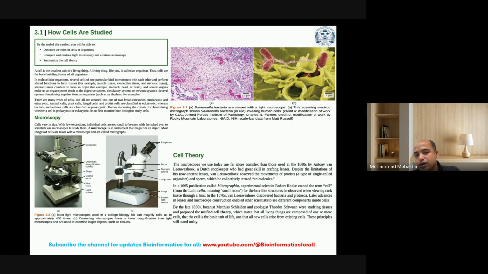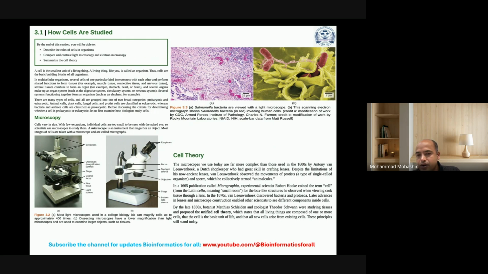I will not go deep, but you just need to think of the cell as having a nucleus, a cell membrane, or if it is a plant, a cell wall, and then some components of the cell which maintain the cell's biological functions and activities.